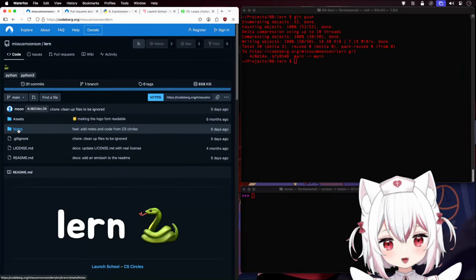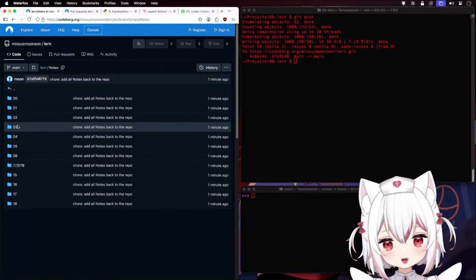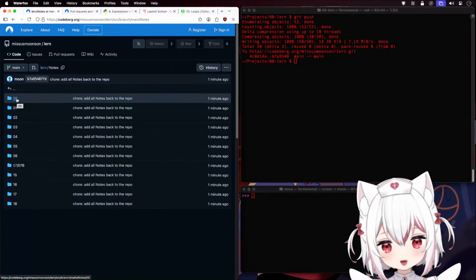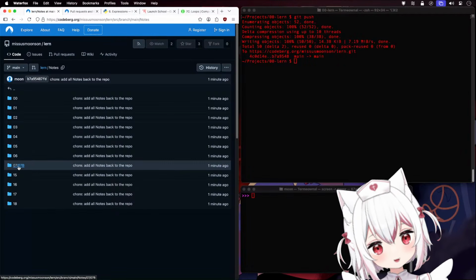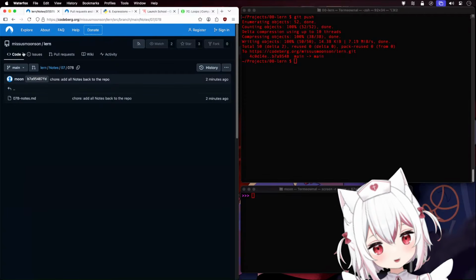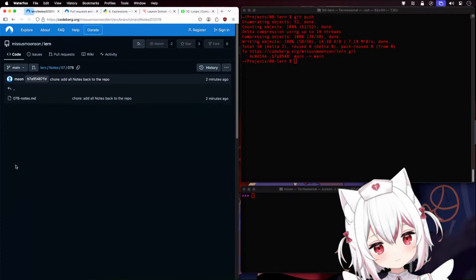So now if I click notes, it's gone, right? Oh wait, it's not gone. It's just new. There's new notes. Why is this like this? That's really strange to me.